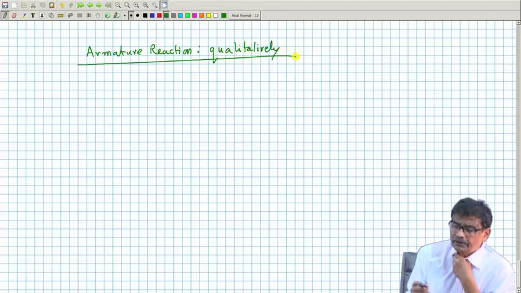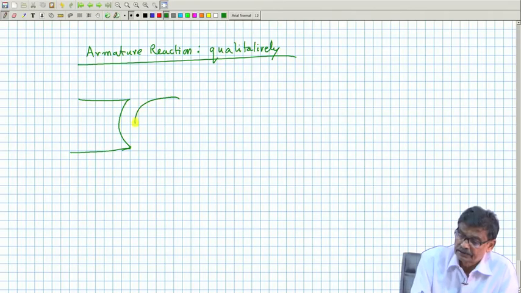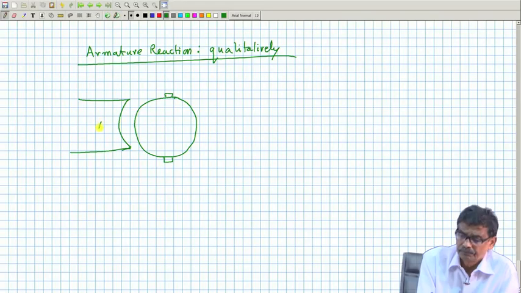See, I will consider the generator mode of action only, and I will be showing the poles also, just symbolic. Okay. These are the poles, and here is your armature. This is the thing. Suppose this side produces a north pole.